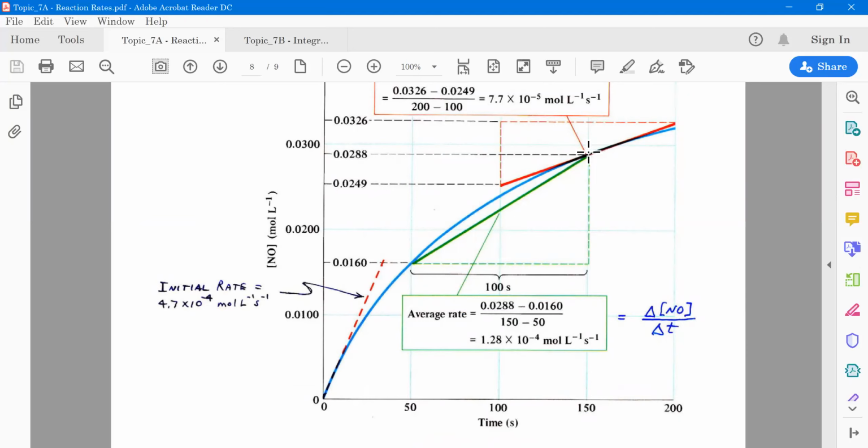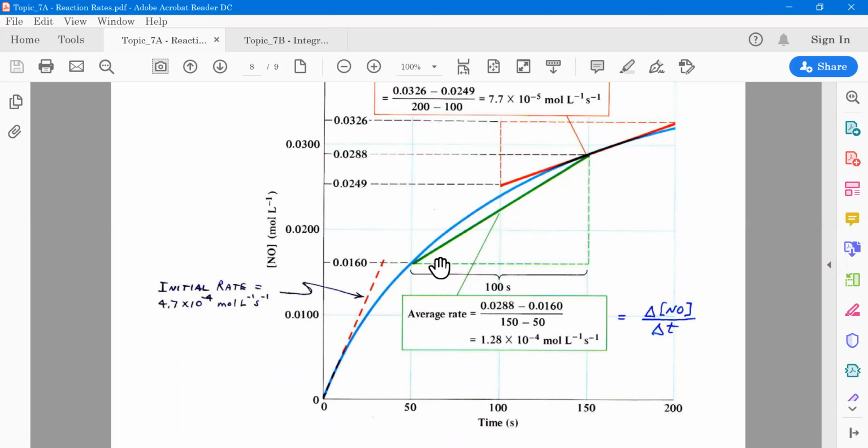So again, it's a 100-second time interval, but instead of drawing a tangent at any point along that interval, you simply draw a line connecting those two data points and take the slope of it, okay? But of course, if we drew tangents from this point to this point, the tangent would be gradually getting a smaller and smaller slope. So it would look like this red one here compared to this initial one here.